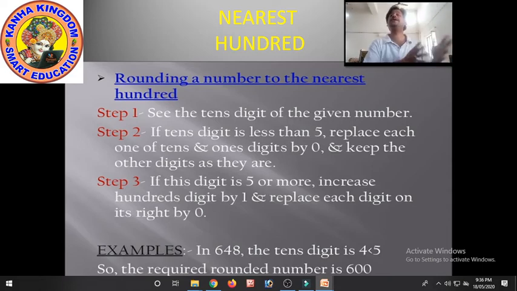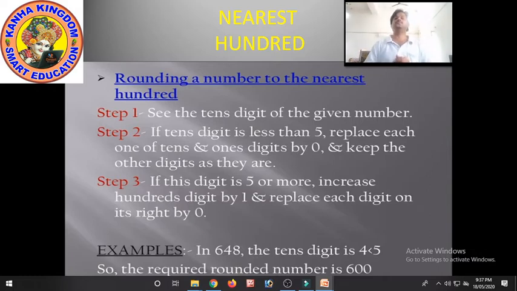You just increase the hundreds digit by 1. Means you have to add one number in the hundreds place and replace the other digits, which are written on the right-hand side, by 0.